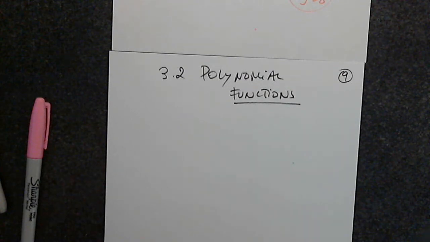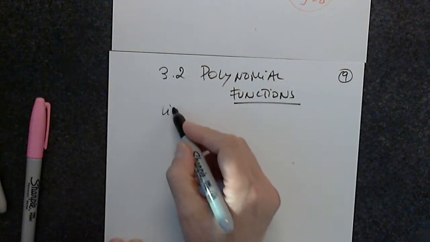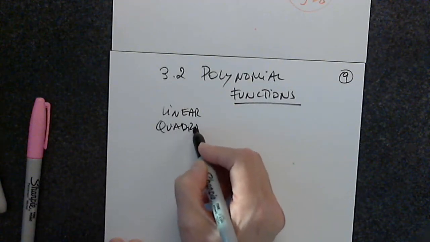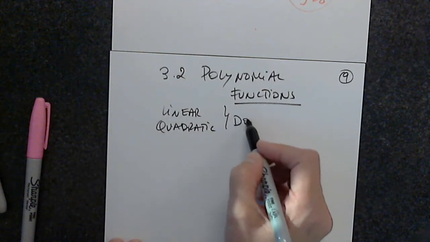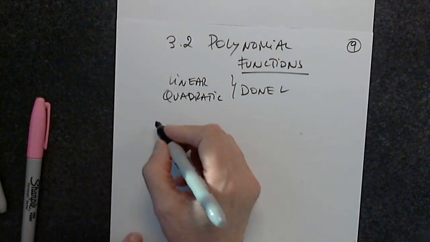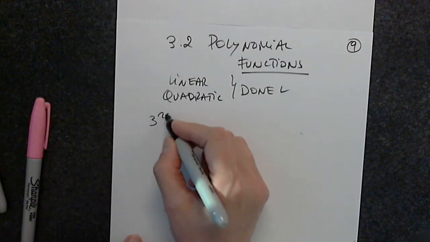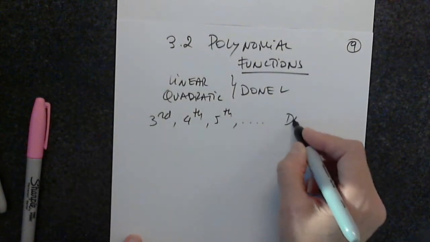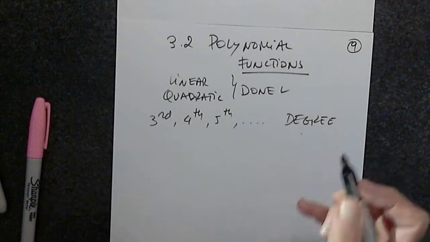Okay, so polynomial functions are linear and quadratic, but they were done a long time ago, and one of them today, again. So what we're looking for right now is third, fourth, fifth, and so on degree.